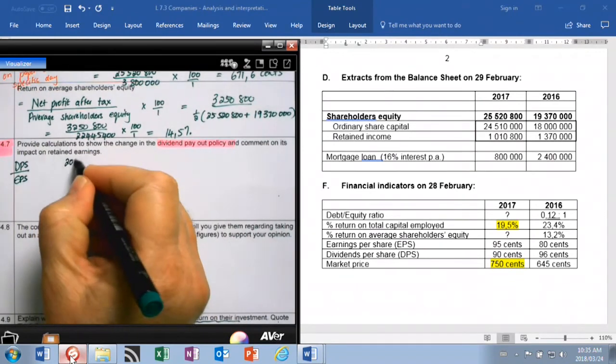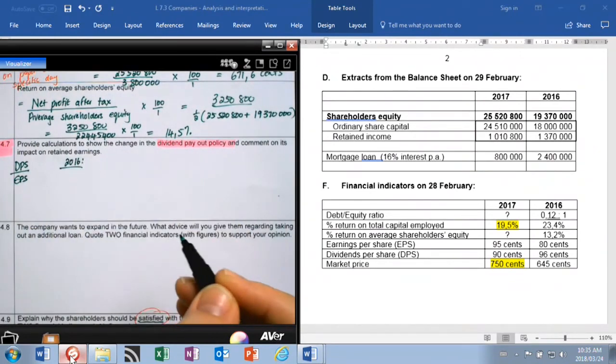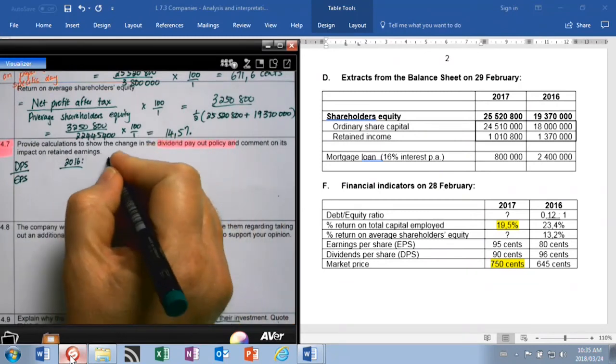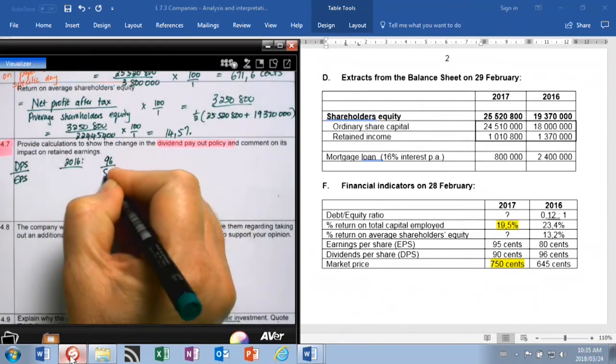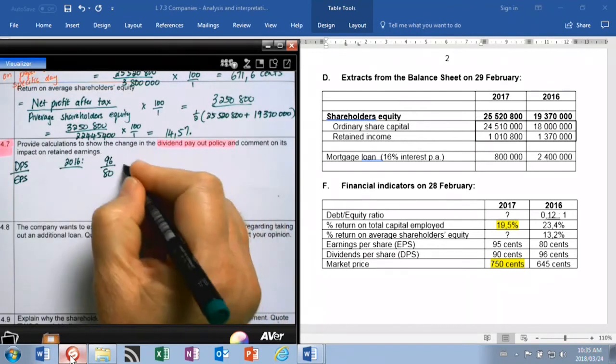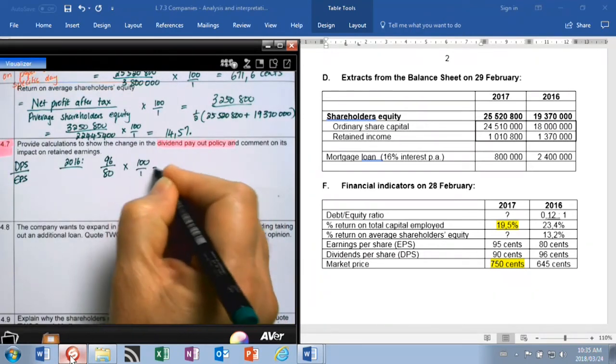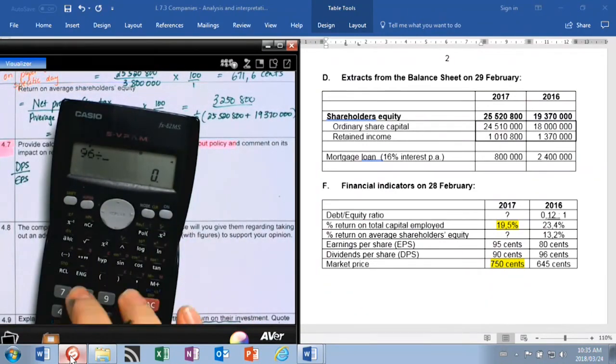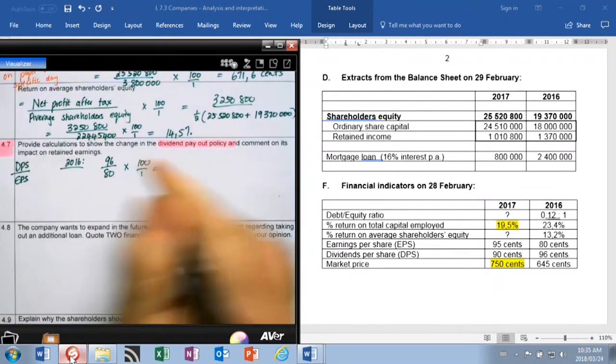For 2016, for last year, you put the 96 on the 80 cents. Can you see that? Your dividends was 96 on the 80 which was the earnings, times 100 over 1, because we need a percentage there. 96 divided by 80 gives you 120%.